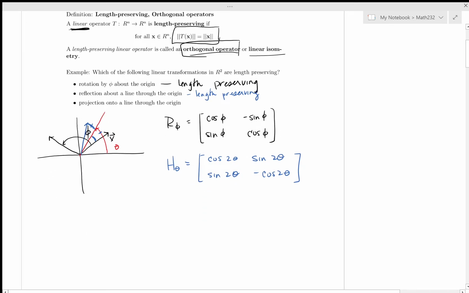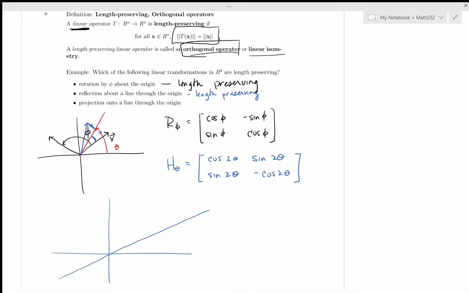And then let's look at the projection onto a line through the origin. Let's remind ourselves what that is. If I've got a line through the origin, and then I take some vector x, I wish to project x orthogonally onto the blue line that is going through the origin.